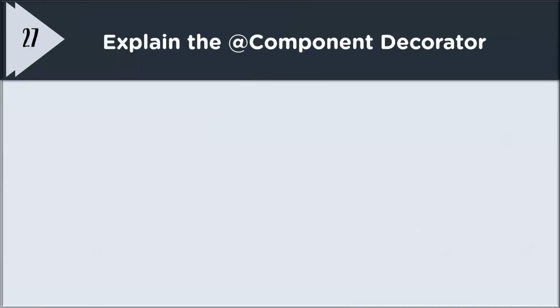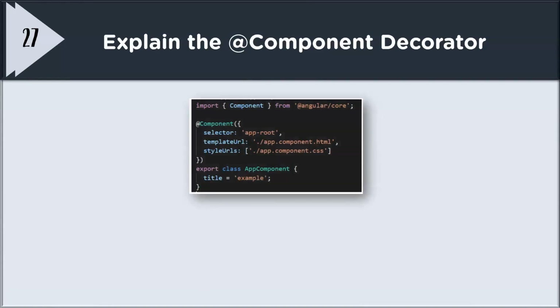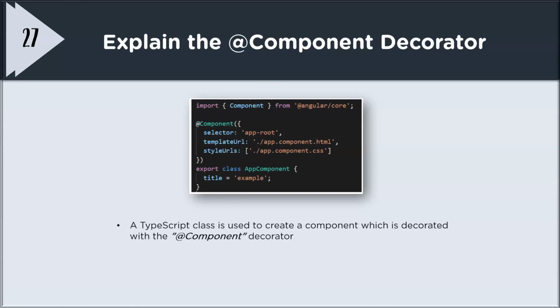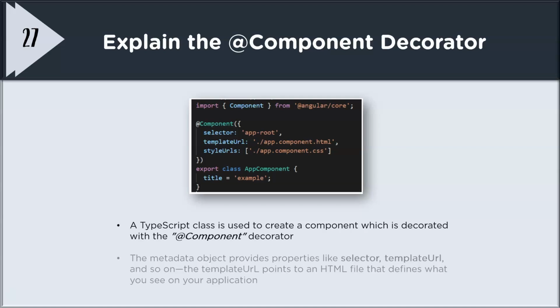Next up, explain the @Component decorator. Now here's a simple screenshot of what the @Component decorator encompasses. It is basically a TypeScript class that is used to create components. This genre of class is then decorated with the @Component decorator. The decorator's purpose is to accept a metadata object that provides relevant information about the component.